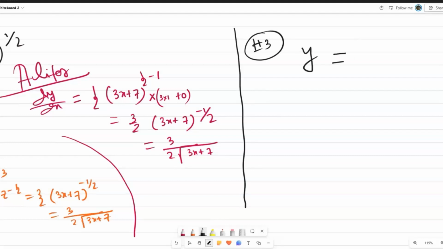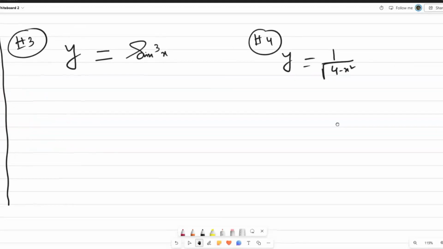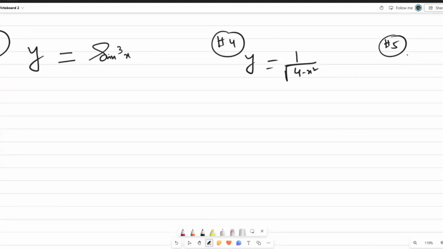In any problem we found: sine cube x; y equal to 1 by root 4 minus x square; and another one, y equal to x by root over x square plus 4.